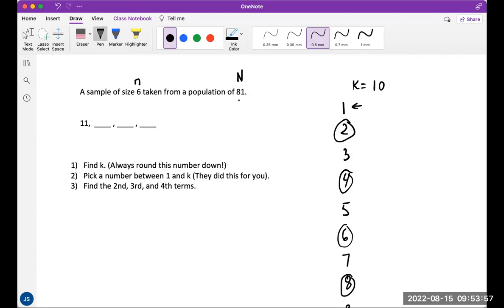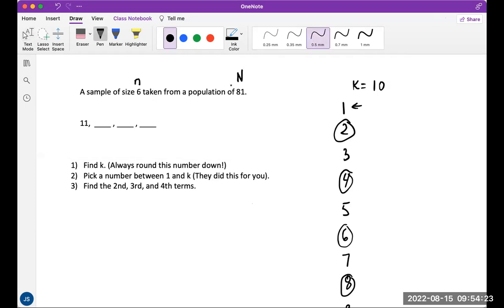But to get even more scientific and detailed, to make the people as evenly spaced out as they possibly can be, what we do to find K is take 81 and divide by 6. That would equally space these out.